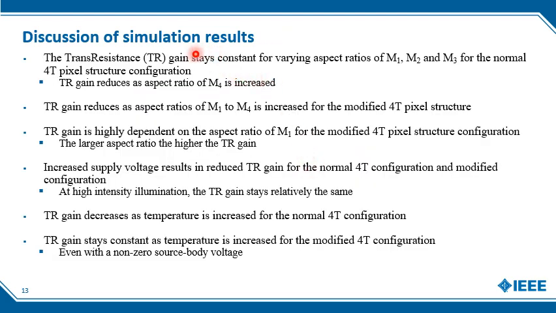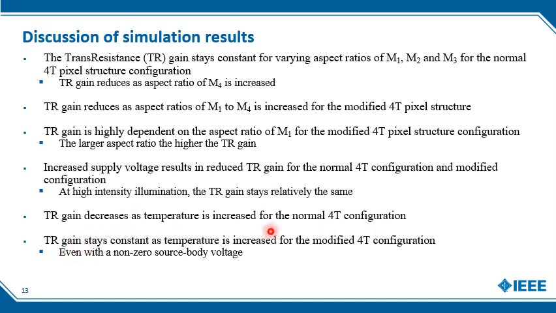This is just a summary of the discussion of the results. More or less covered this in the whole presentation. So just a couple of things of interest. The gain reduces as the aspect ratios of M1 to M4 are increased for the modified pixel structure. The transfer resistance gain decreases as temperature is increased for the normal configuration.